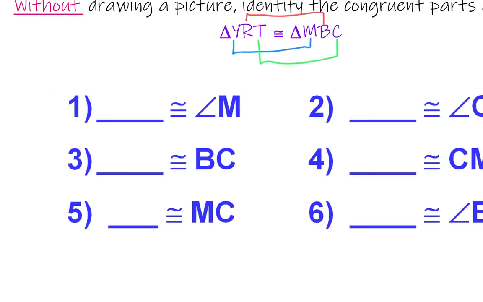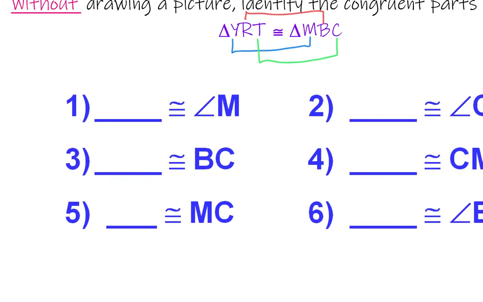All right, so let's just try this. They want to know what's congruent to angle M. Well, that's not too bad. M is the first letter, so that has to match up with angle Y. All right, and if you look at BC, BC are the last two letters, so you're going to match that up with the last two letters, RT, segment RT.